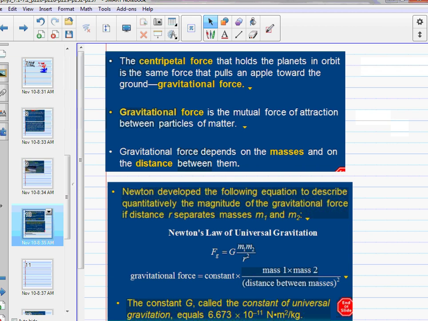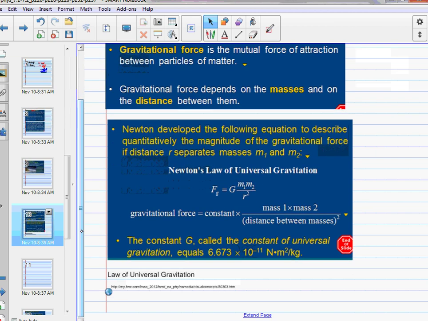Centripetal force that holds the planets in orbit is the same force that pulls an apple towards the ground, gravitational force. Gravitational force is the mutual attraction of force between particles of matter. We have already talked about this: anytime I have mass, there's a gravitational attraction between those masses. So if we have these planets, there are gravitational forces between them.